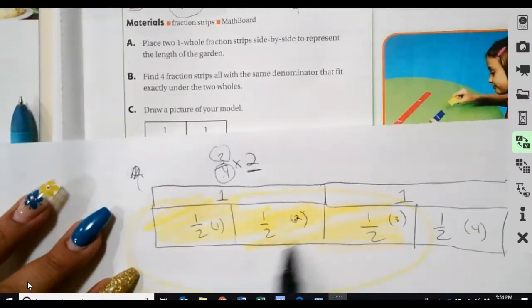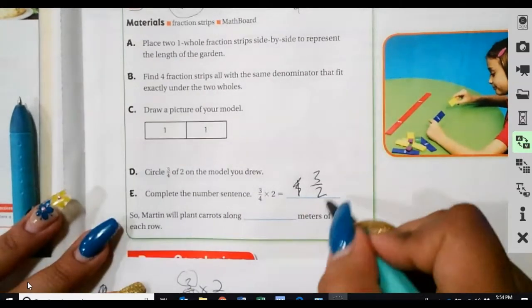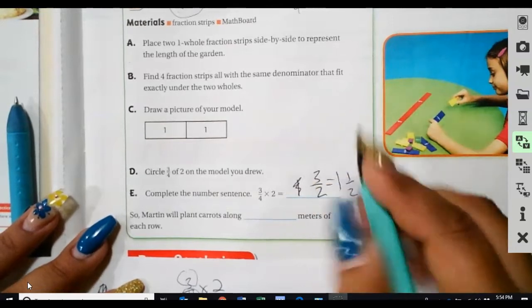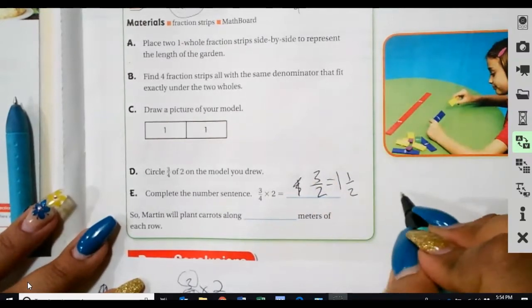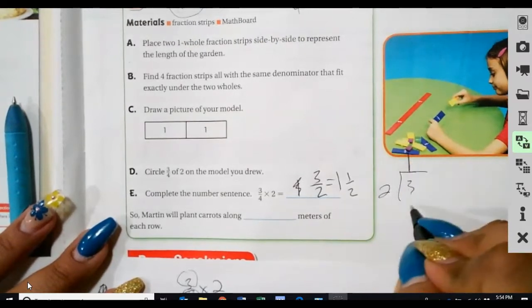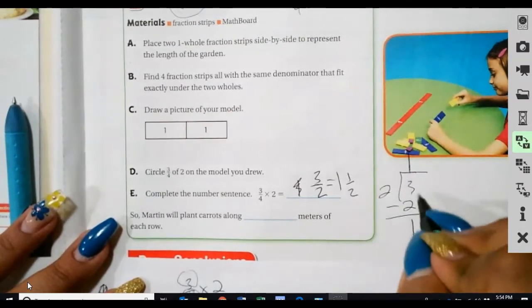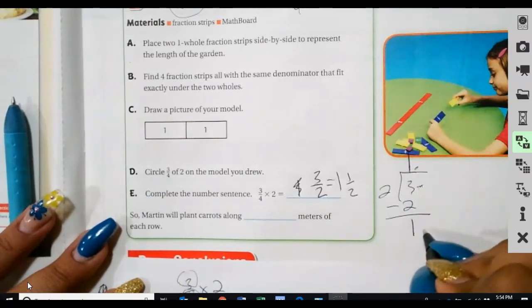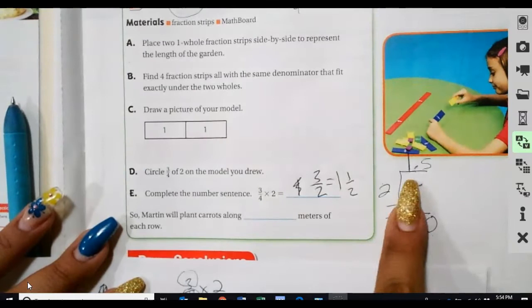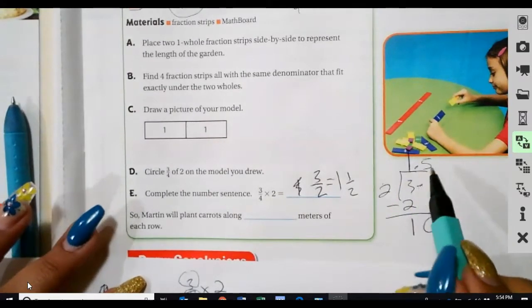Or if you did the division, 3 divided by 2 fits 1 whole time, then you subtract, then you put your decimal point, bring down the 0, and then 2 fits into the 10 5 times. So that's 1.5 if it was decimal, but you know that 0.5 is half.